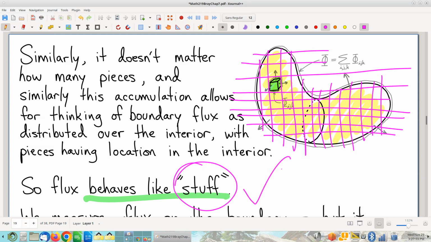I like the word stuff because it's sort of non-specific, but it still conjures that it's a concrete physical thing. Right? Now, obviously, boundary flux is not a concrete physical thing, but it acts like it, so we're going to pretend that it is. And that's a very nice convenience that when something acts in a certain way, you can treat it in that certain way and nothing will go wrong.